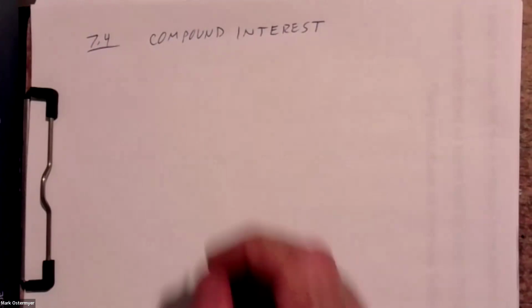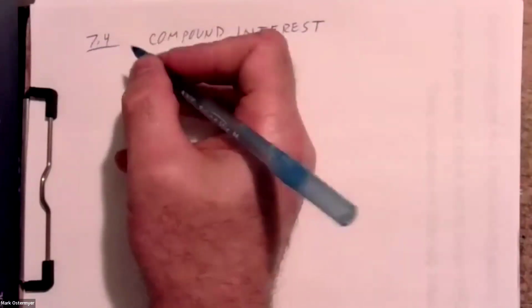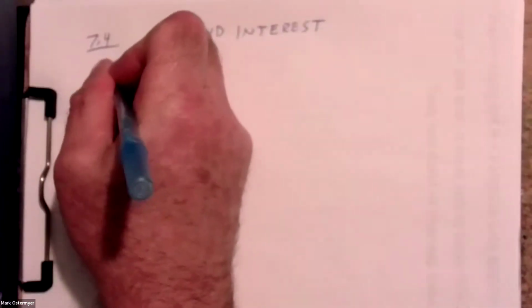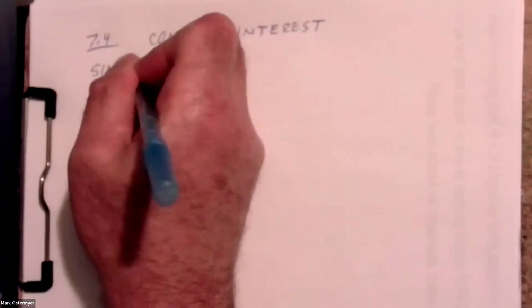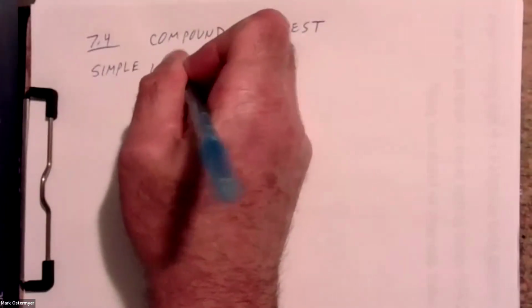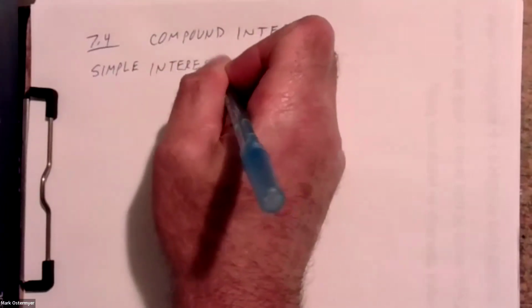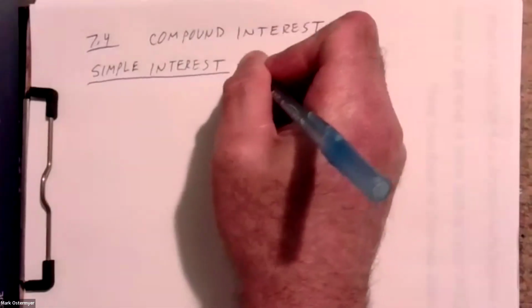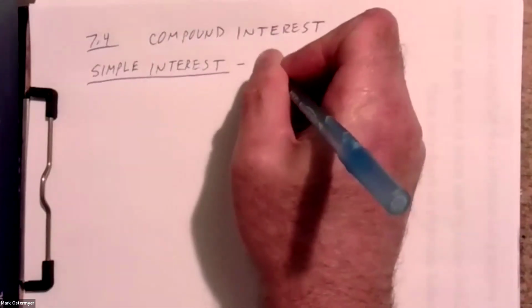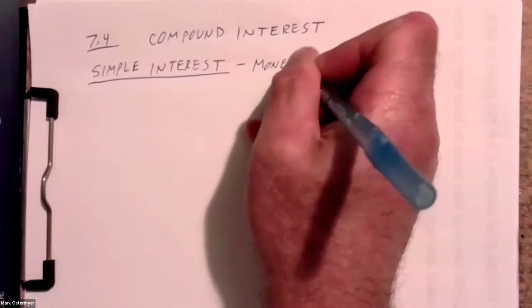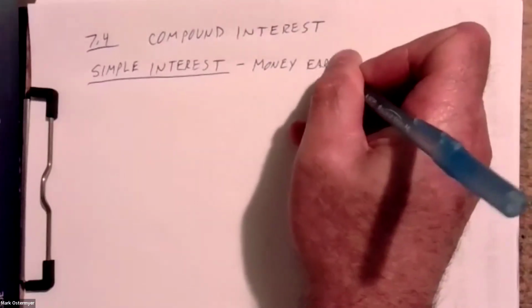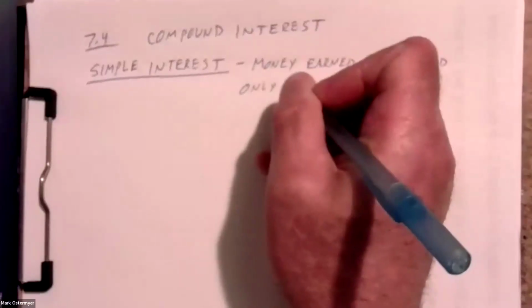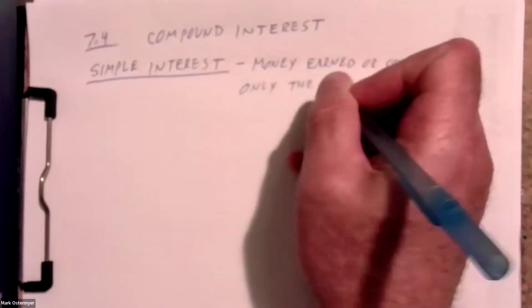Okay. All right. First of all, let's work with what quickly was something called simple interest. And as the name suggests, it's simple. It's simple to compute. Simple interest is money earned or computed only on something called the principal.